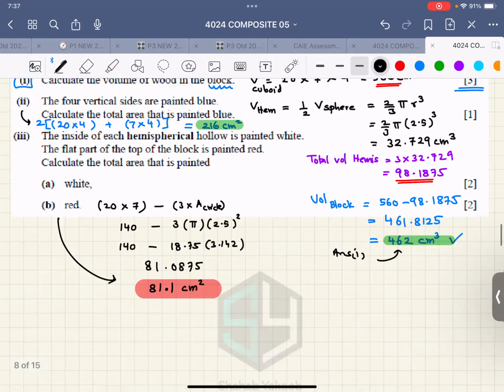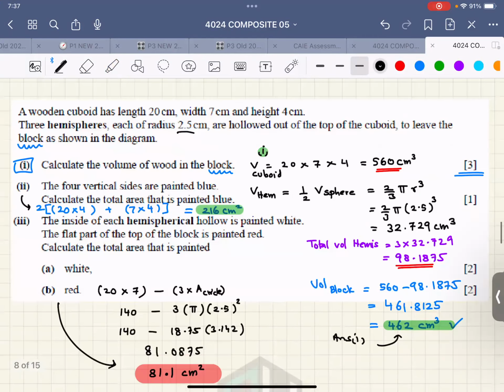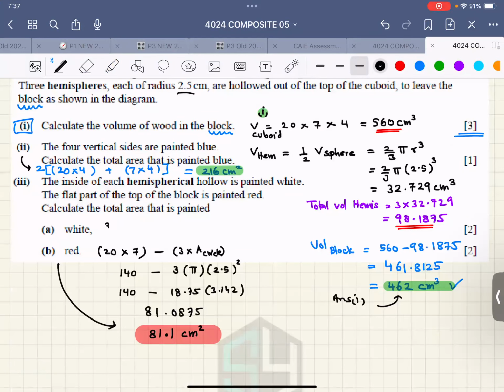And white, that is 3 hemispherical, this thing. So that is 3 times 2 pi r square. So that is 2.5 into 2.5 into 2 into 3.142. And this is multiplying with 3.